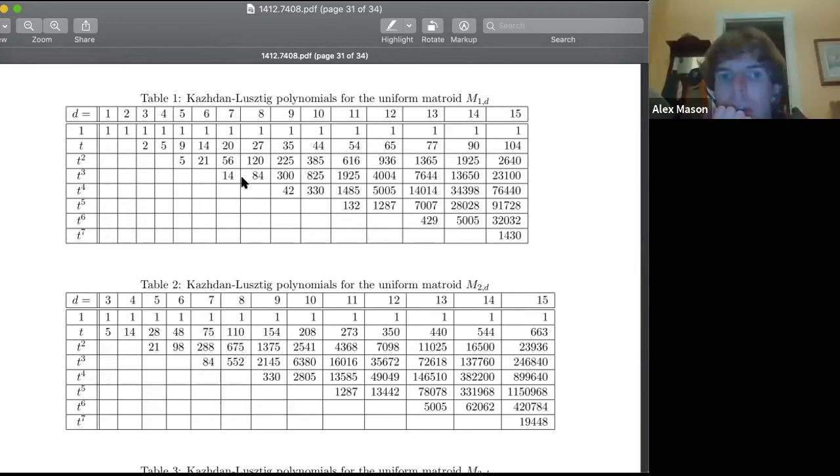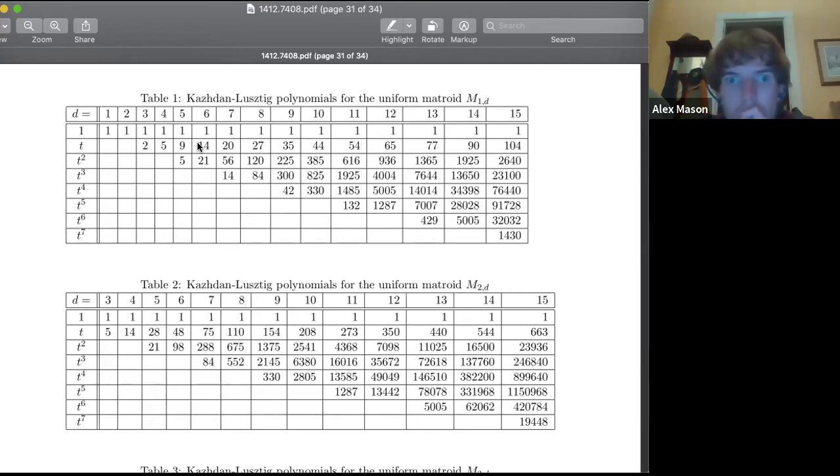Well, I'm looking at, for example, in degree 1, if you look at the dependence on D, it's D times D minus 1 over 2 minus 1.